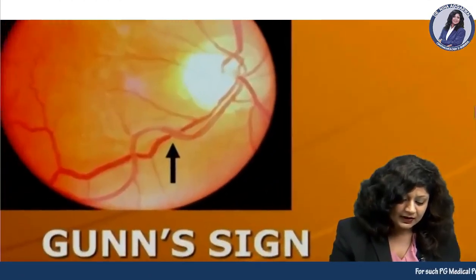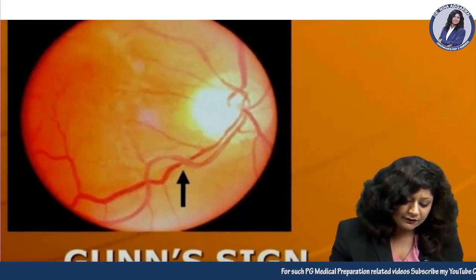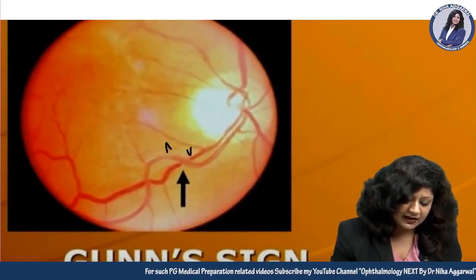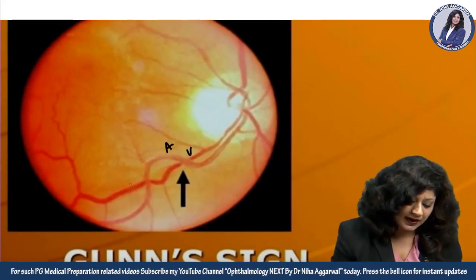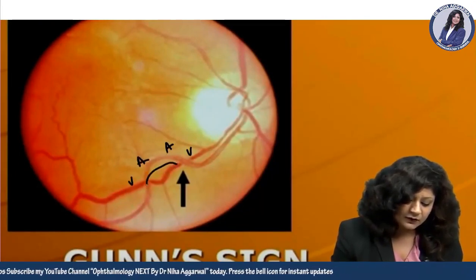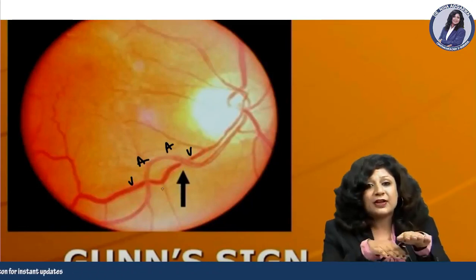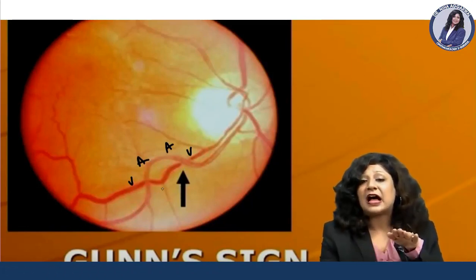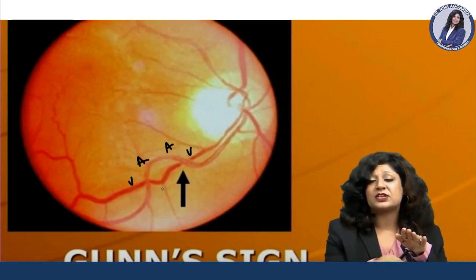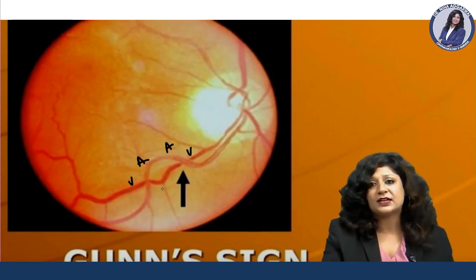Now see here. Here we have a vein and we have an artery. This is also a vein and an artery. Now this is the vein that is hiding. So a vein is hiding beneath the artery just at the AV crossing. So this sign is called the Gunn sign.